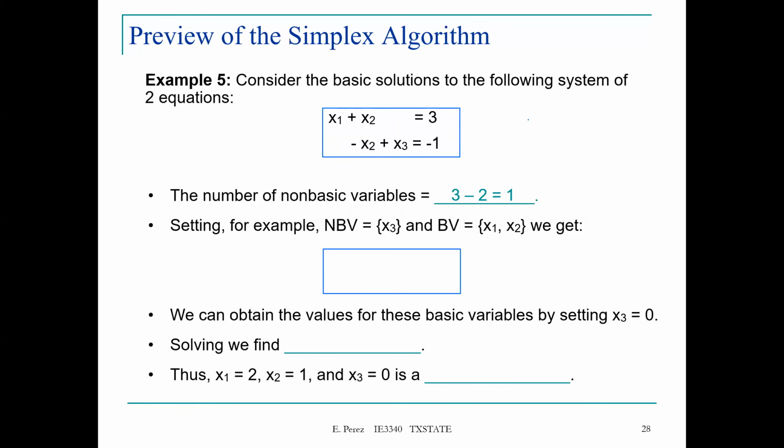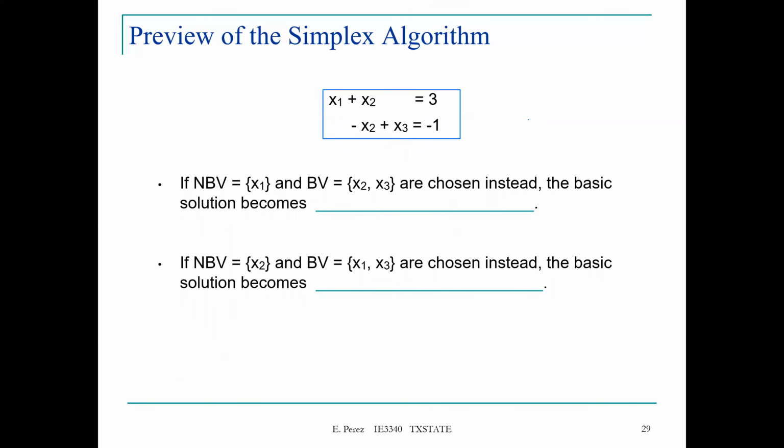Setting, for example, non-basic variable x3 and basic variables x1 and x2, we can obtain the values of the basic variables by setting x3 equals 0. Solving, we find that x1 equals 2, x2 equals 1. Thus, x1 equals 2, x2 equals 1, and x3 equals 0 is a basic solution.